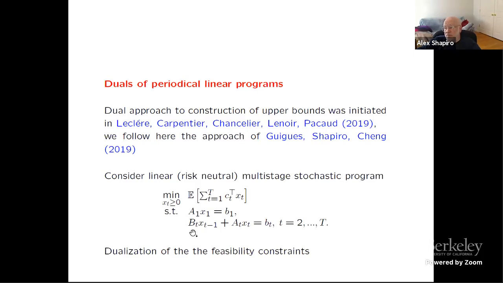In principle, I can write it as one linear program. Theoretically it will be huge, but it's a linear program. It has a dual. Can I use the dual for calculations?